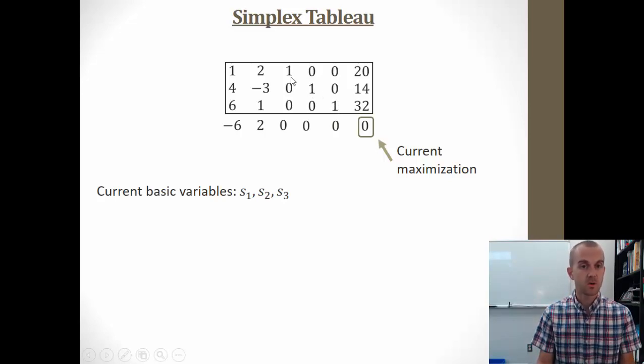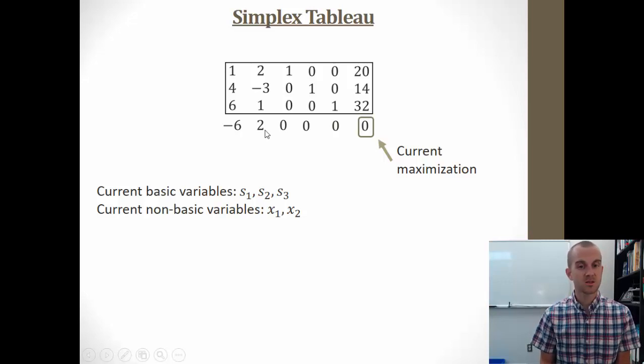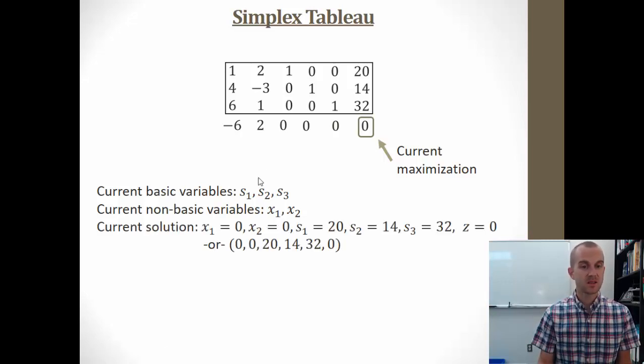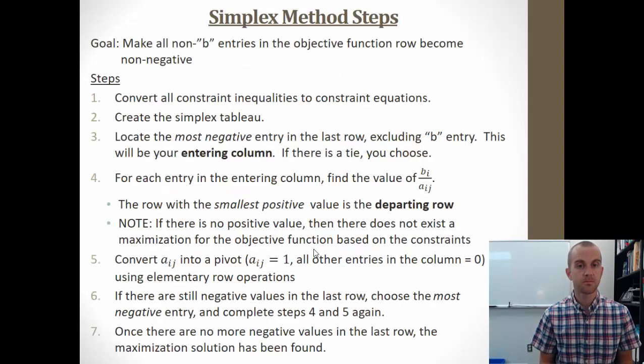They have values of 1 and zeros in the rest of the column. And that means my non-basics are X1 and X2. So if I was to look at what is the current solution, I would say that it is 0, 0, 20, 14, 32, 0. The problem is that's not very helpful because my solutions are on the slack variables. And I don't want them on the slack variables, I need them on the x values.